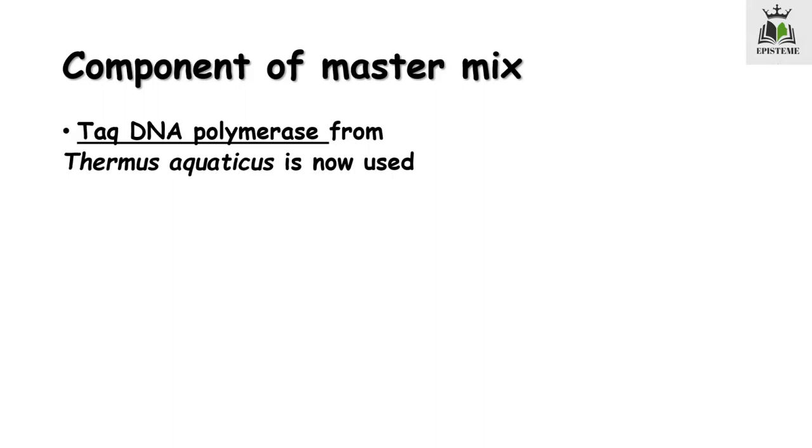Next we have the Taq DNA polymerase. For the PCR process, we usually prefer the Taq DNA polymerase because PCR occurs at a very high temperature of 95 degrees centigrade.